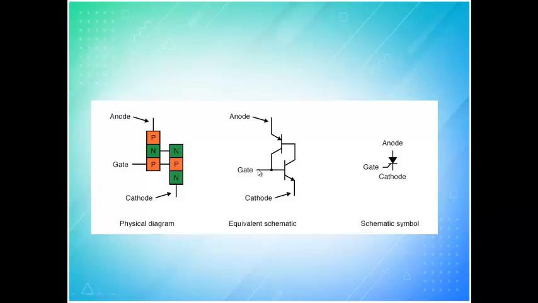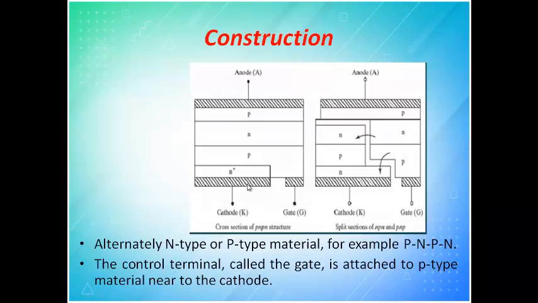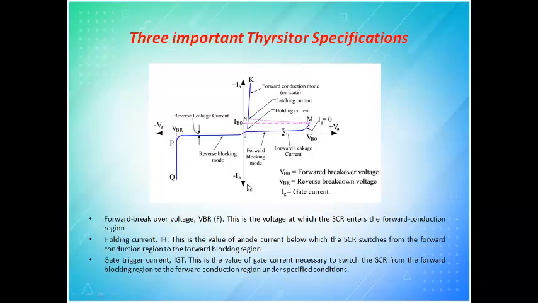Once the gate is turned on, you don't need to give any supply from here, because the output of the first transistor is taken as input of the second, and this is given as output again. So this itself will take care, and we don't need to give the gate. Only to turn on, the gate is required.